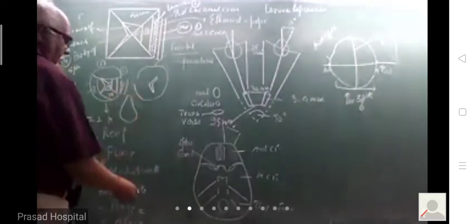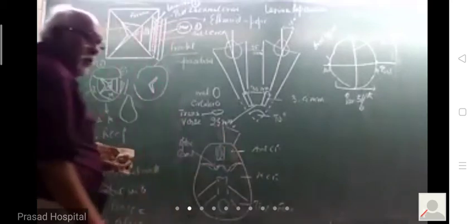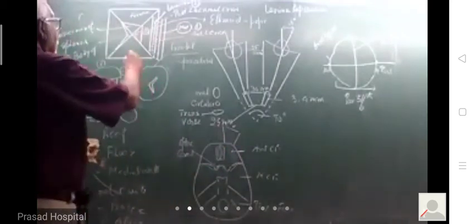Roof, you can see, this one is the orbital plate of frontal. The roof is frontal.